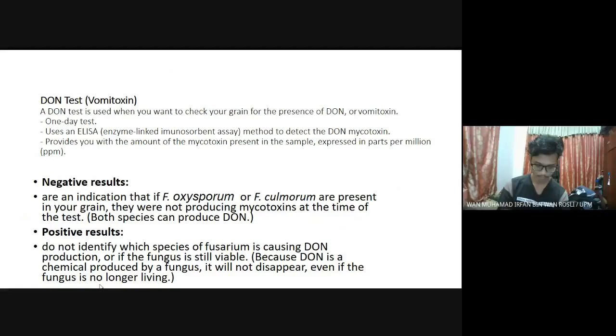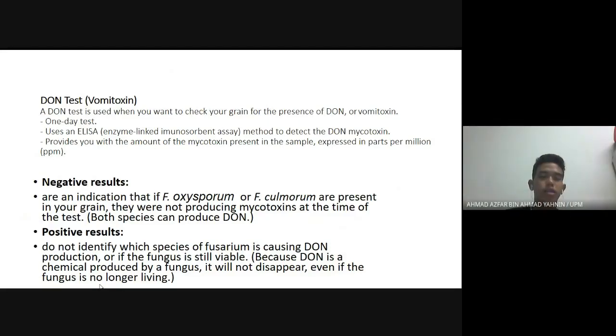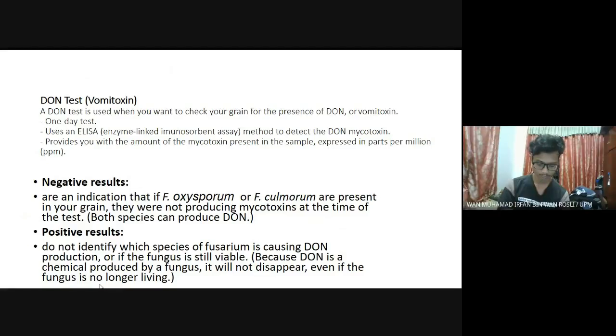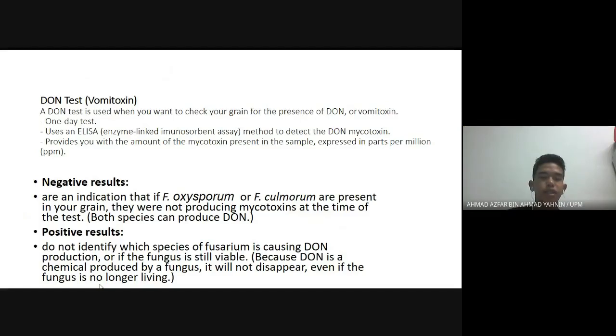Okay, when it is a negative result, it is an indication that if Fusarium oxysporum or Fusarium culmorum are present in your grain, they will not produce mycotoxin at the time of the test, since both species can produce DON, vomitoxin.